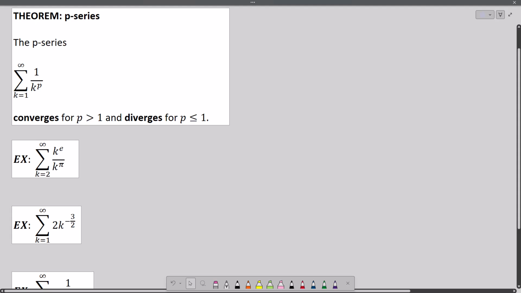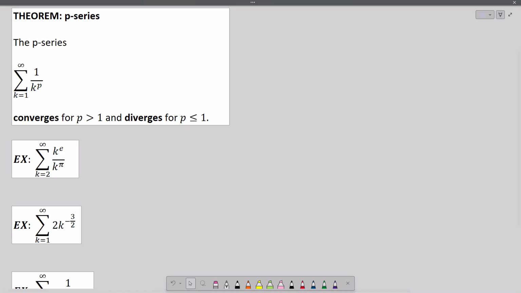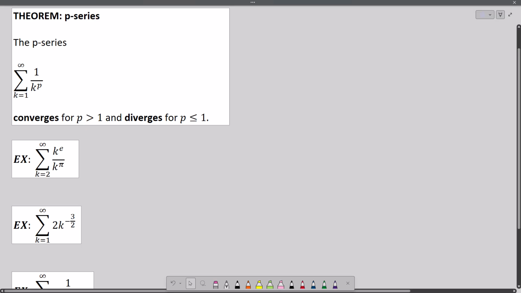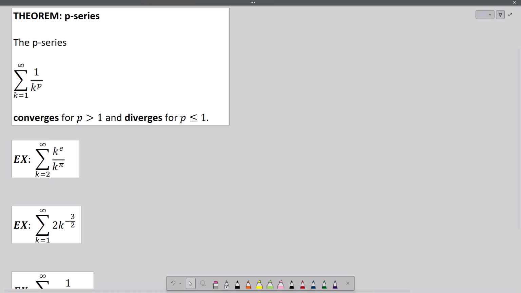And in this context, we're thinking of p as being a positive number. If p is a negative number, what would you have? If you had something like k to the negative 2, it would be k squared, right? And does the summation of k squared converge or diverge? Diverge.